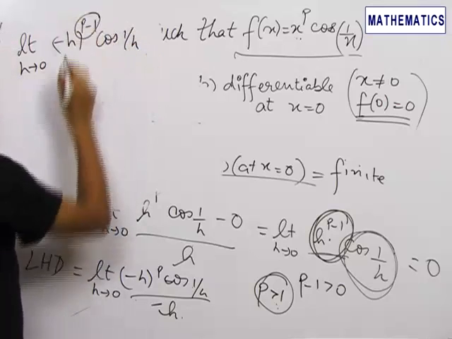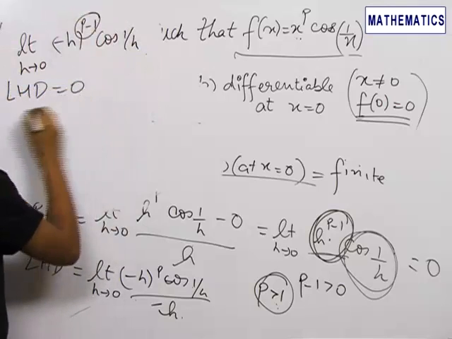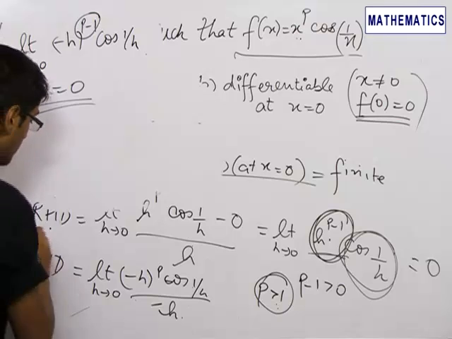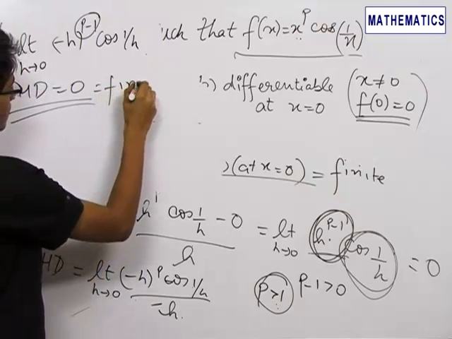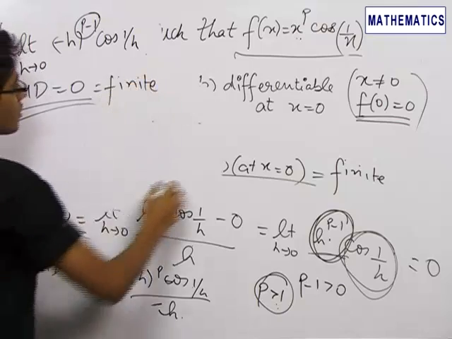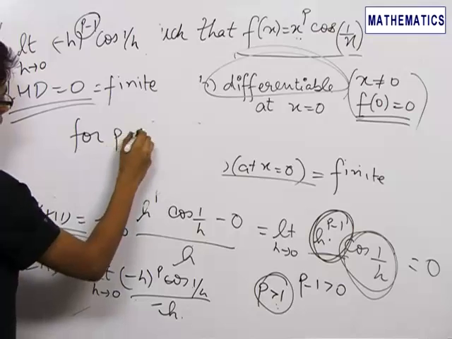Now very obviously for p greater than 1, the left hand derivative is also coming equal to 0. So the left hand derivative is coming out equal to the right hand derivative, equal to a finite value. Hence the function is differentiable for p greater than 1.